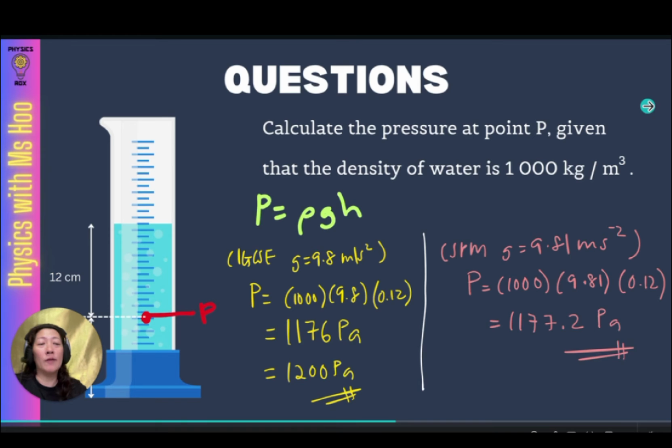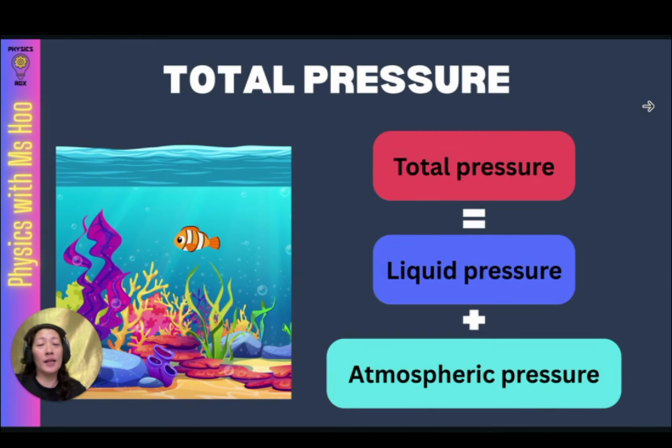Sometimes they will give you a situation where you're required to calculate the total pressure. So when you see the term total pressure, you must understand that there's not only liquid pressure, there's also atmospheric pressure. For example, this fish is underwater. We know there's pressure acting on the fish, obviously from the liquid above the fish.